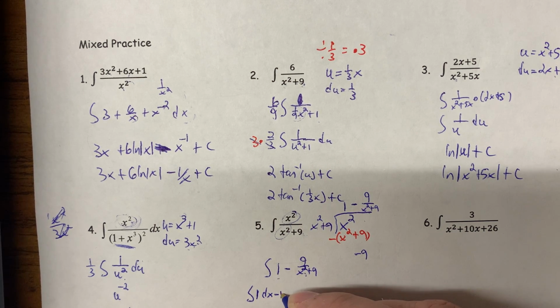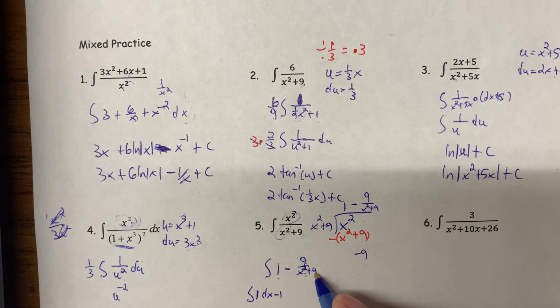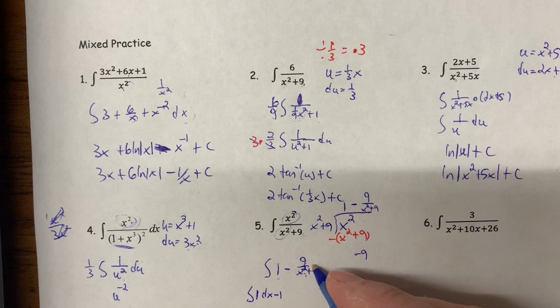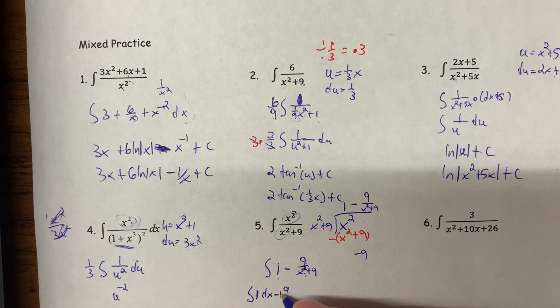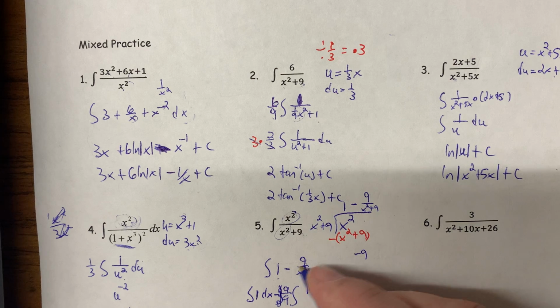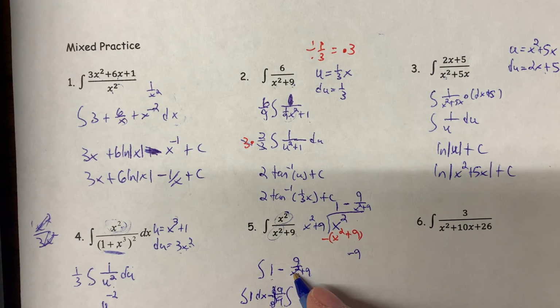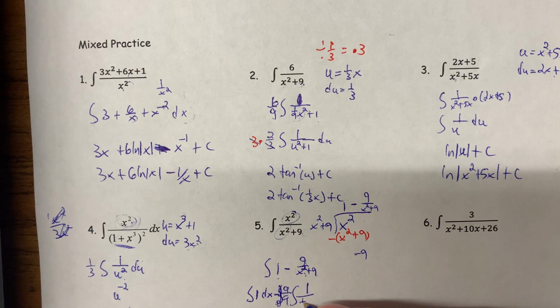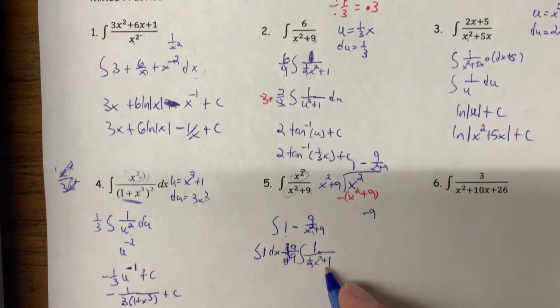I'm going to factor out the 9 here. And I also need to factor out a 9 from the denominator to make this equal to 1. So I guess I'm going to factor out 9 over 9. I'm going to factor out the 9 from the top. That'll be just a 1 here. This is a 1 on top. I factor out the 9. And when I factor out the 9 from the bottom, it divides this one by 9 also. So 1/9 x squared plus 1. We always have to make this one equal to 1, remember?